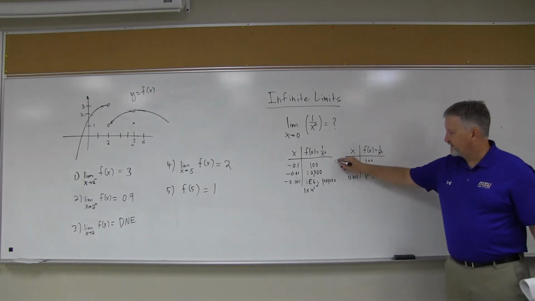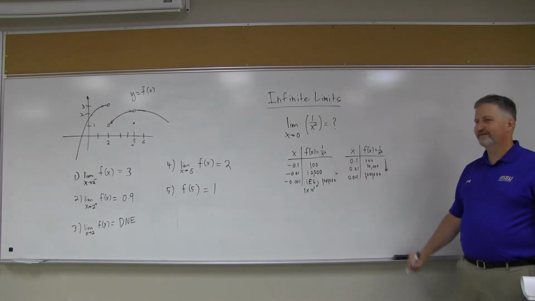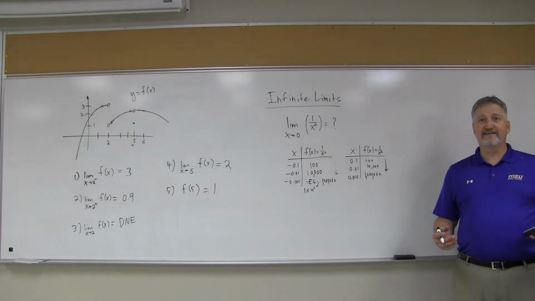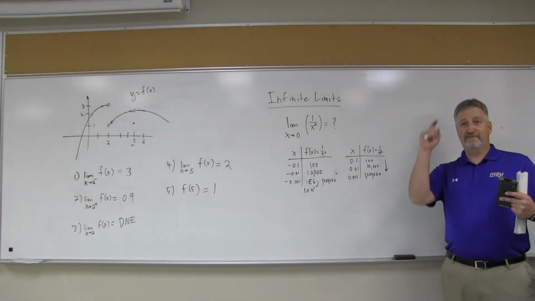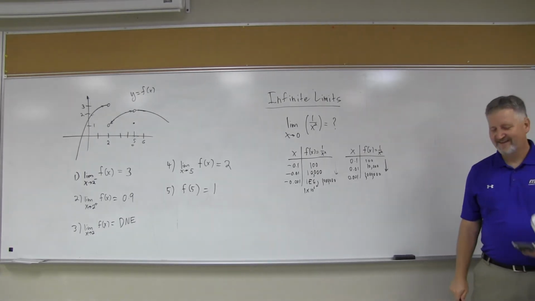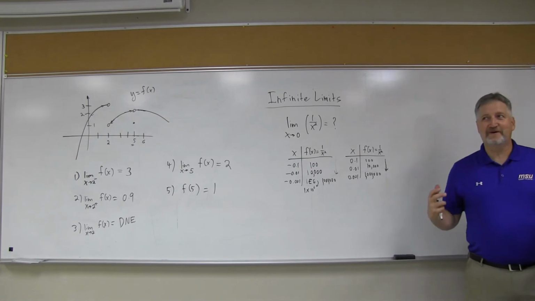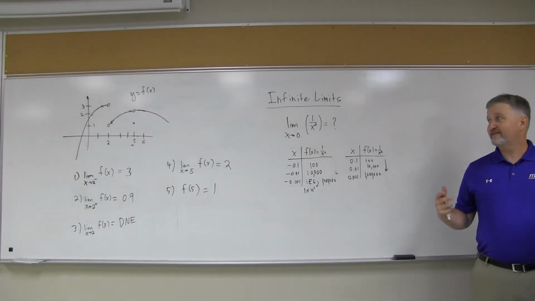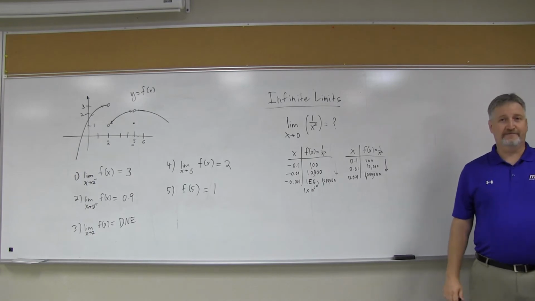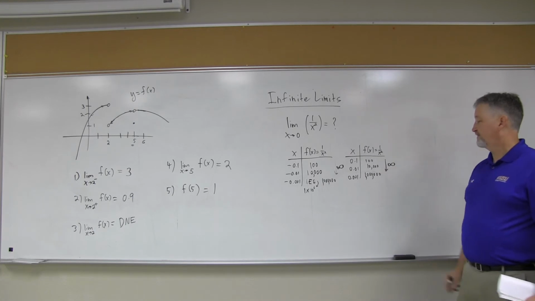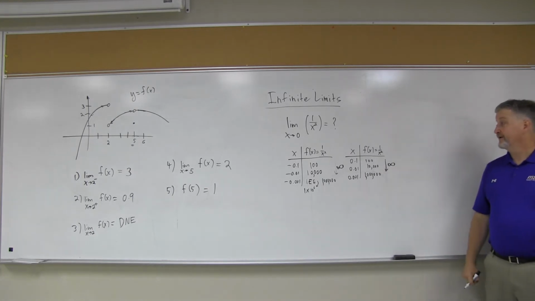What does it look like these values are doing? Well, they're not going to a specific value. They're just getting bigger and bigger and bigger, larger and larger, aren't they? This is an infinite limit. These are going to, we call it, infinity. Infinity symbol there. We would use that.